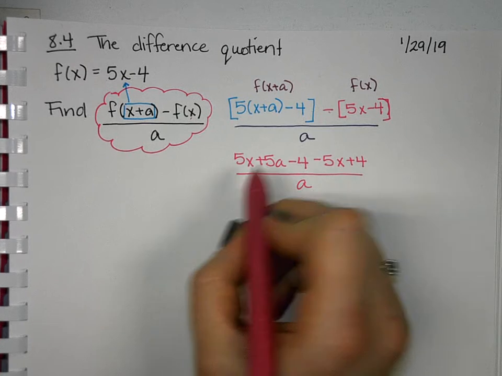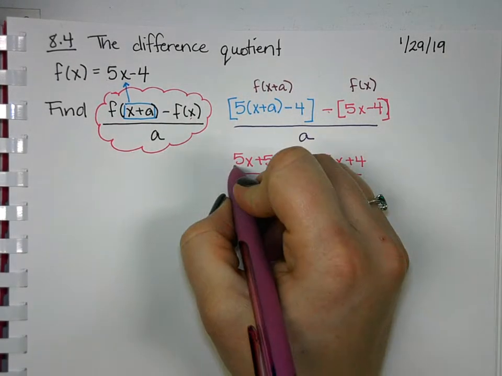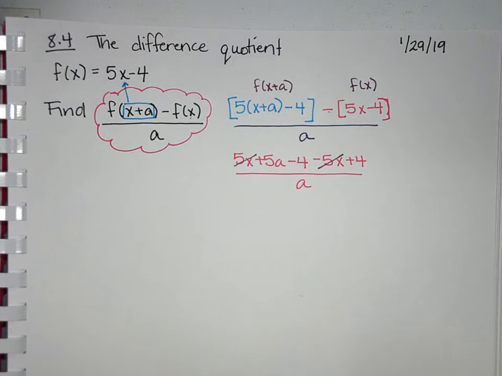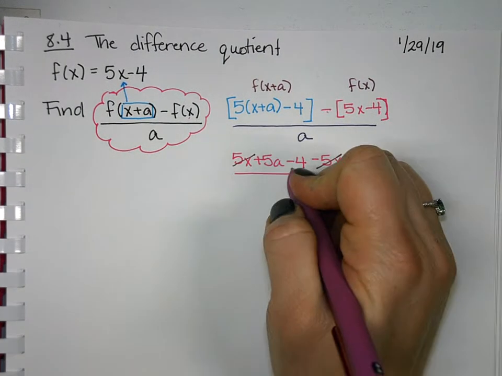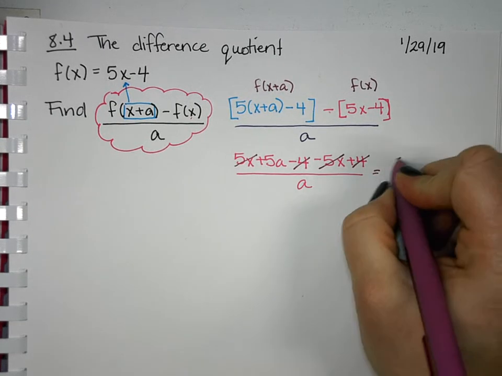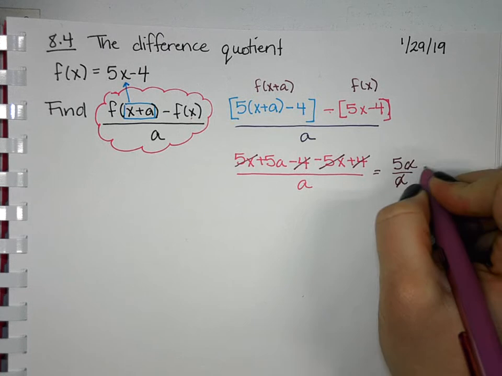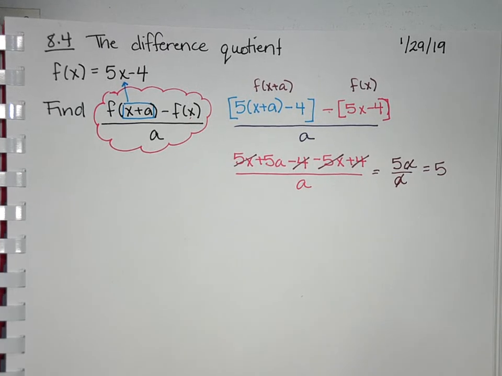So on top, I can combine like terms. 5x and negative 5x add up to 0. Negative 4 and positive 4 add up to 0. So we're left with 5a divided by a. The a's cancel, and you get an answer of 5.